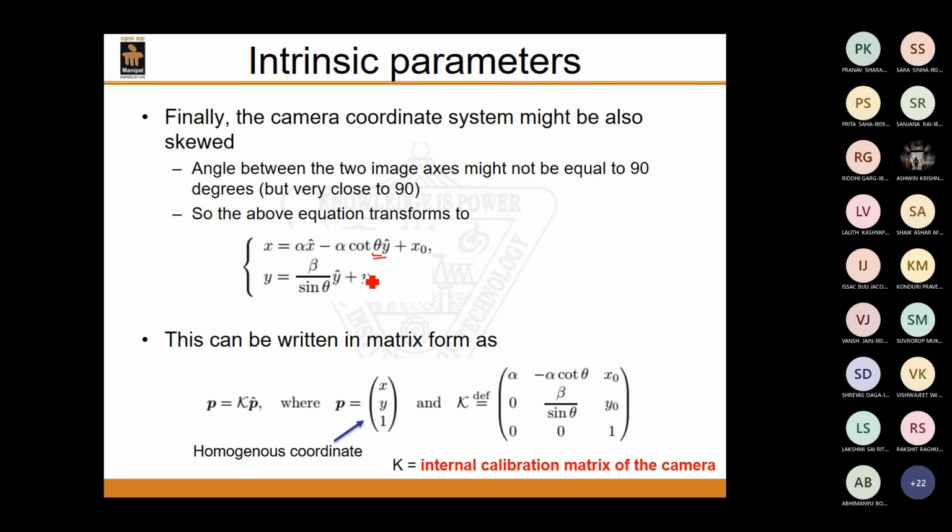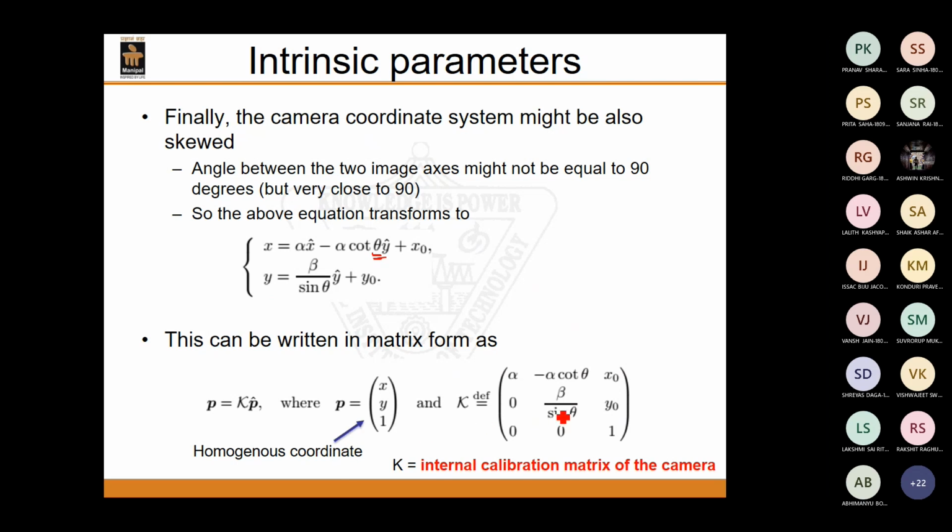We are assuming that the image axes are perpendicular to each other, but it may not always be perpendicular, so there might be a small skew. So this angle theta represents the skew, or the angle between the two image axes, right?